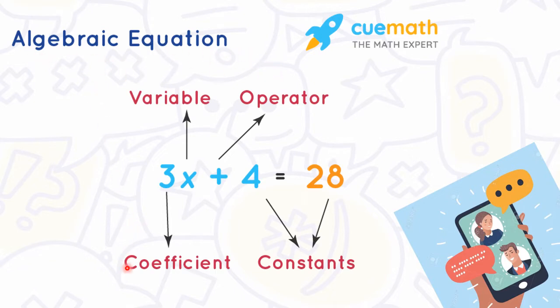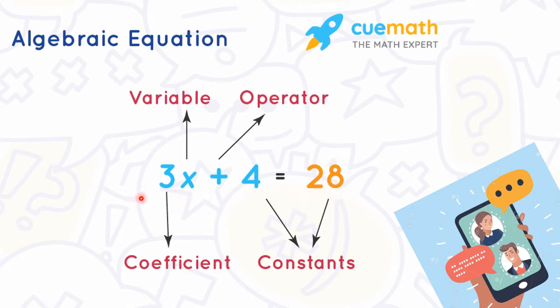See? Mamaya makikita nyo kung paano sila naging magkatulad ng SMS languages. Kung paano itong 3x plus 4 equals 28 is a shortcut of something. Kung paano napapadali yung pag-solve natin using this, di ba?